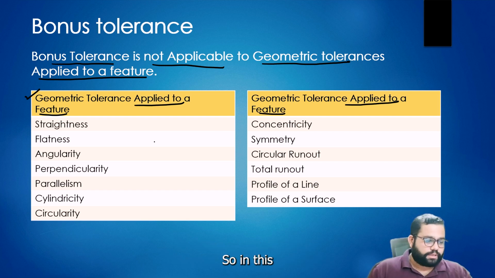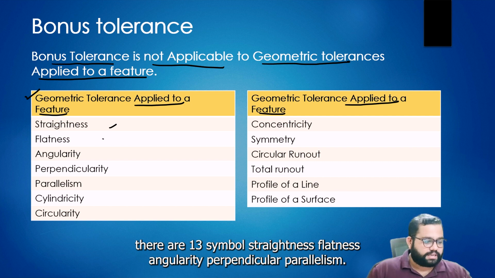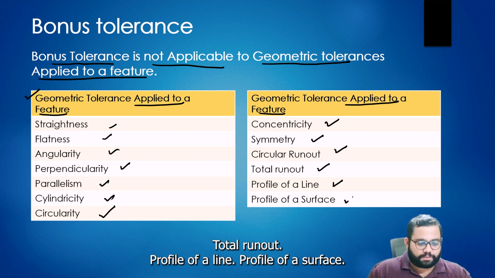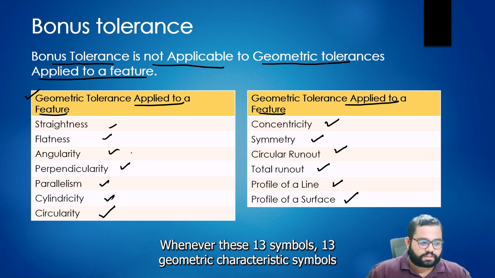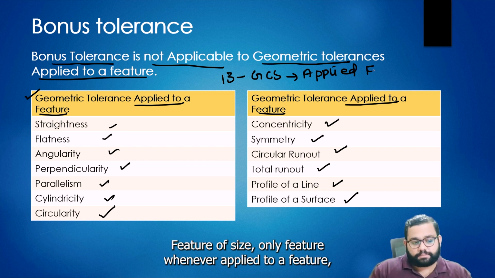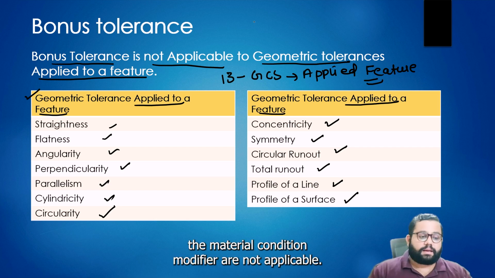In this there are 13 symbols: straightness, flatness, angularity, perpendicularity, parallelism, cylindricity, circularity, concentricity, symmetry, circular runout, total runout, profile of a line, and profile of a surface. Whenever these 13 geometric characteristic symbols are applied to a feature, I am not talking about a feature of size, only a feature, the material condition modifiers are not applicable.